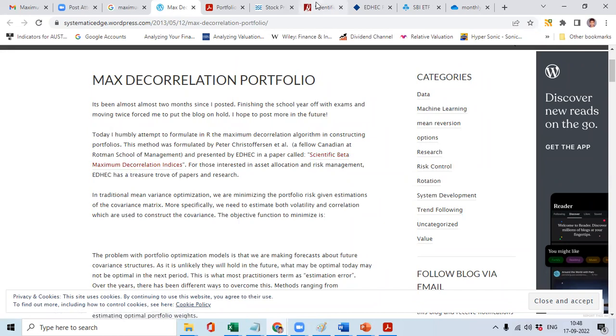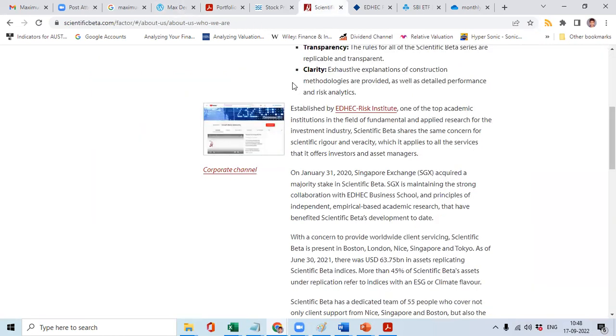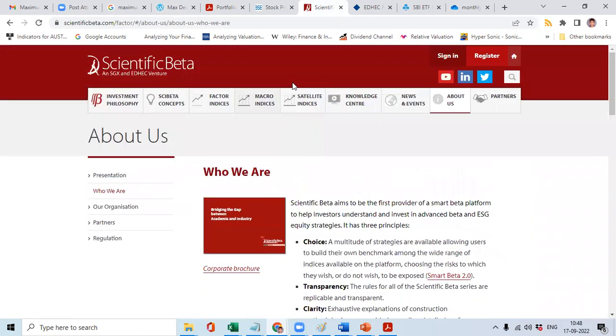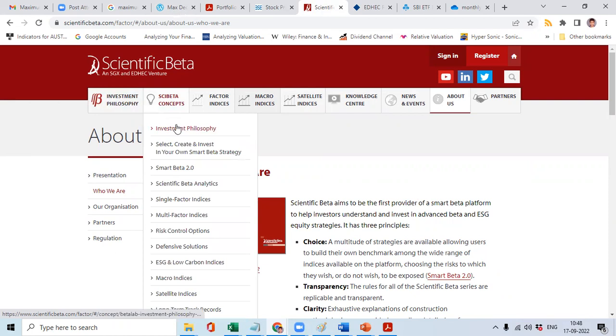So Scientific Beta Institute is basically an organization of SGX and this EDHEC Institute. They publish indices, single factor or multi-factor and things like that. But I don't know why their focus now has shifted to ESG and low carbon.